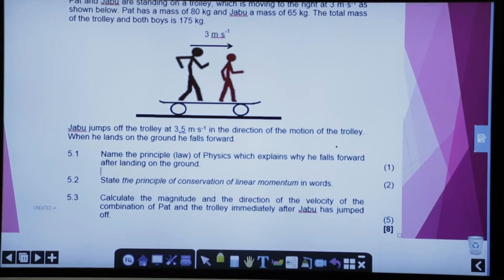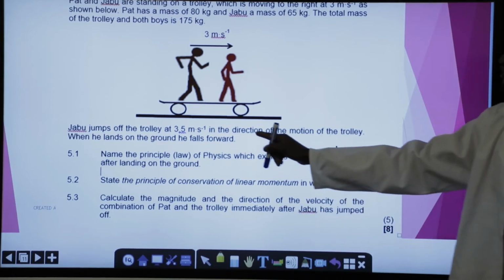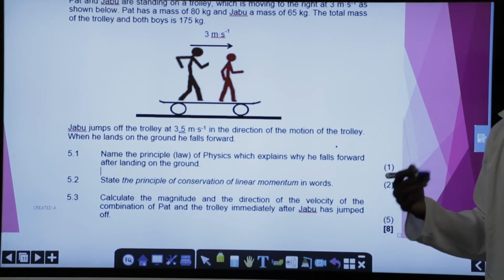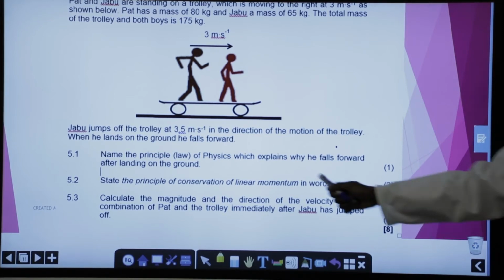He jumps off, but then he falls forward. Which direction was the trolley moving? It was moving forward. Does this ring a bell? The tendency of an object to oppose a change in motion, all right? Which is inertia, according to Newton's first law. Right?